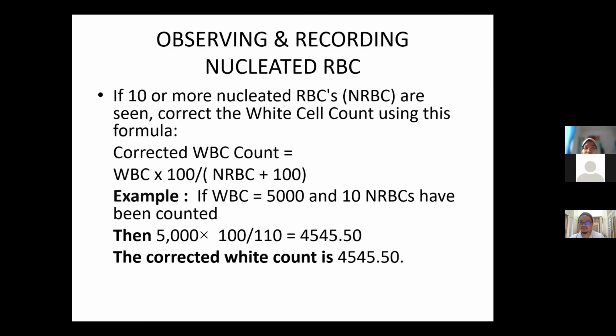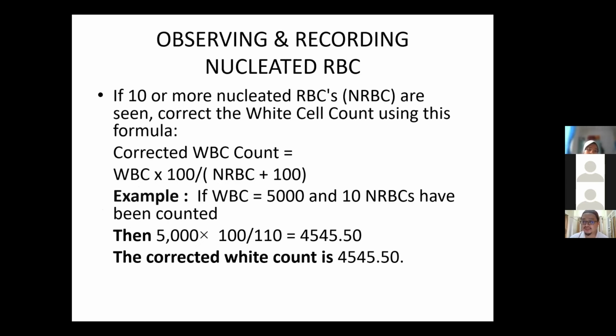Now, when we look at the RBC, sometimes the RBC could be nucleated. Yeah, nucleated. In some situations, the RBC still has its nucleus, and we might count these nucleated RBCs as WBCs.